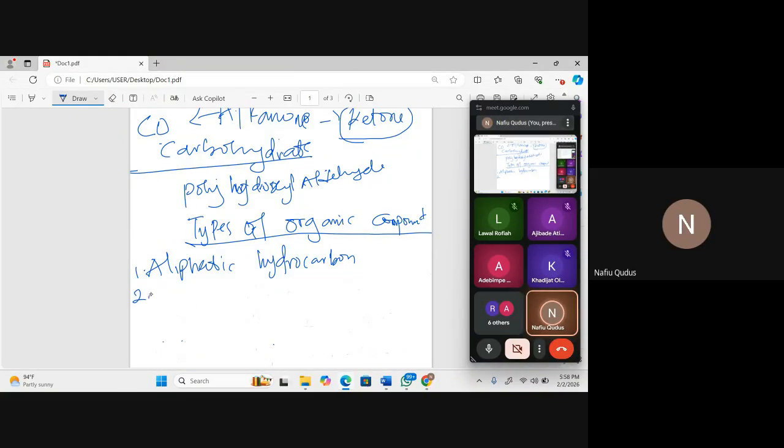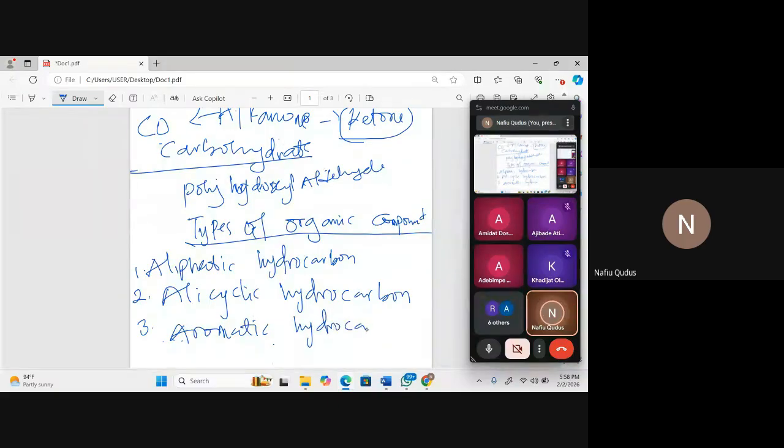Number two, we have alicyclic hydrocarbon. Number three, we have aromatic hydrocarbon. And the last one, who can remind us? We have arenes.